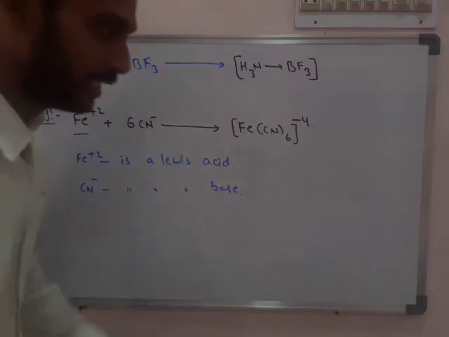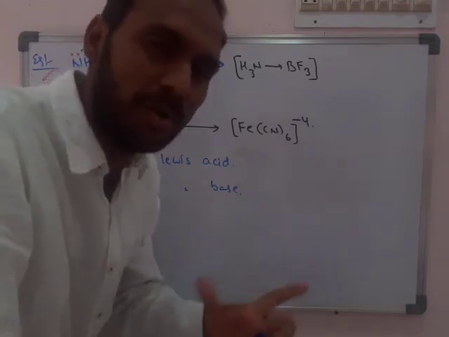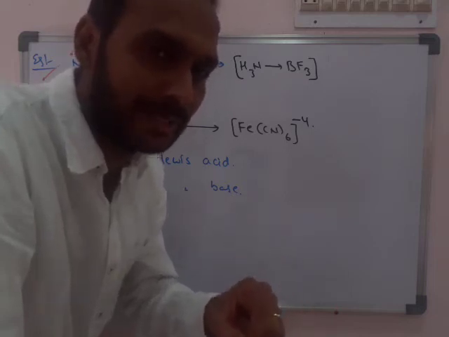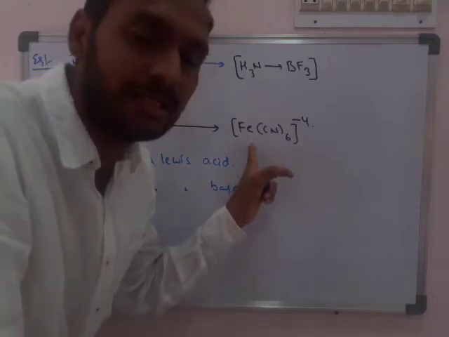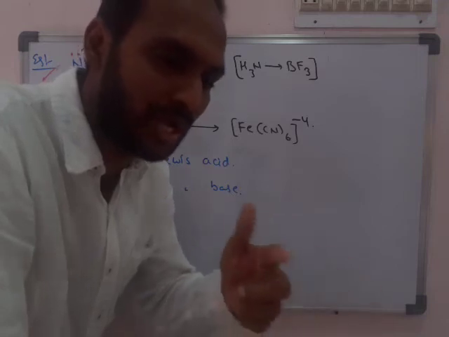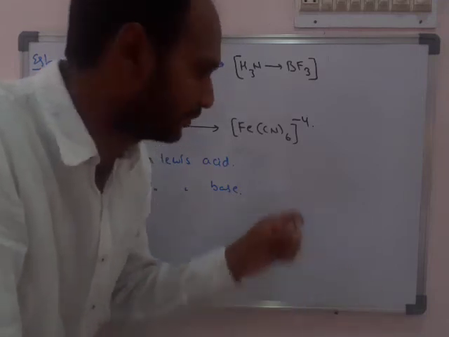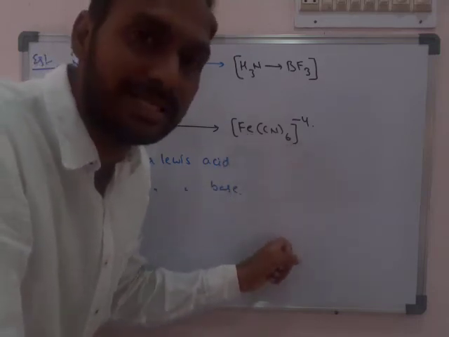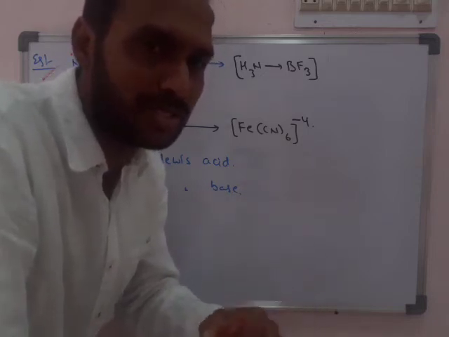So not only in this compound, in any complex compound, the central ion is a metal ion. The central ion always accepts the electron pairs from other compounds. What are the other compounds? Other compounds are known as ligands. If iron is a metal ion, CN minus is treated as a ligand. This means ligands always donate the electron pairs, so they work as bases.